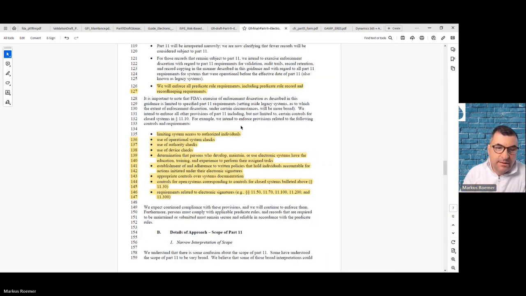And within Part 11, if you look at systems today, there are still the requirements limiting system access. I think it's hard to find a system without user management or without operational system checks, with device checks. However, this is done. Controls for open systems, I think it's not applicable for today.